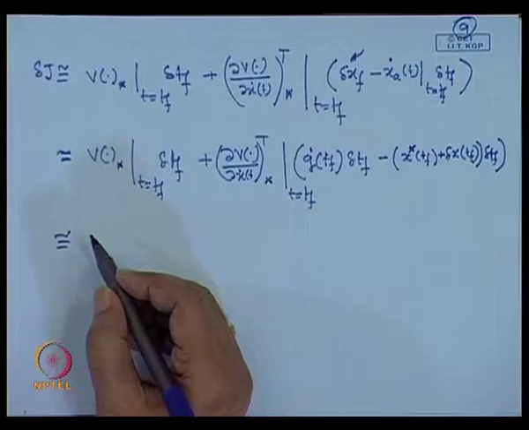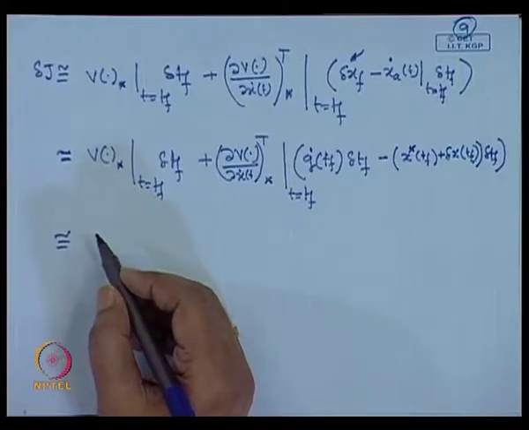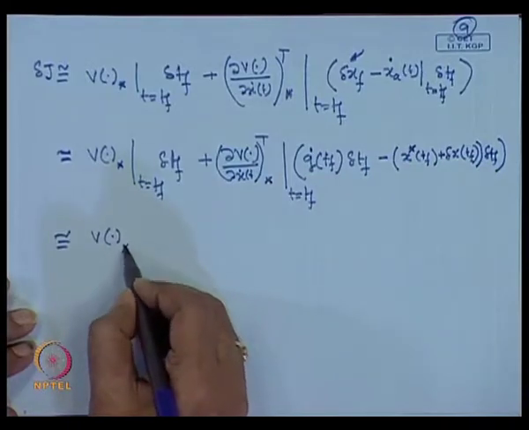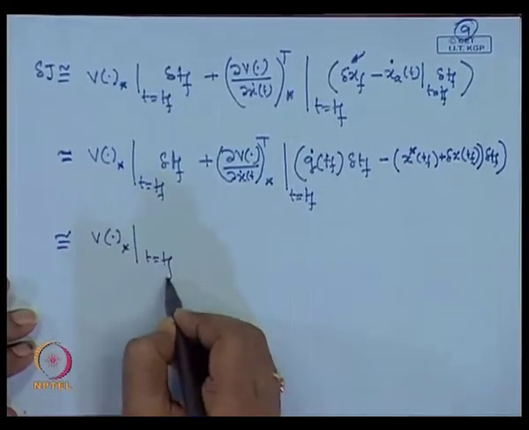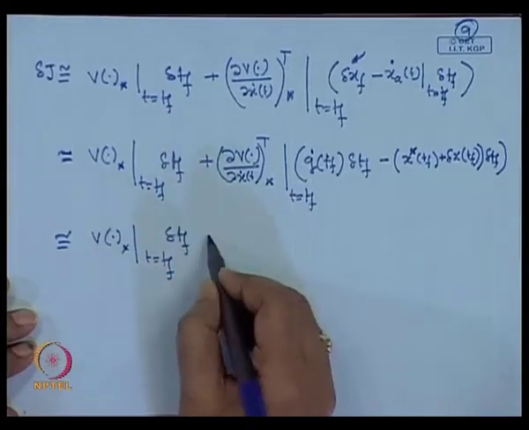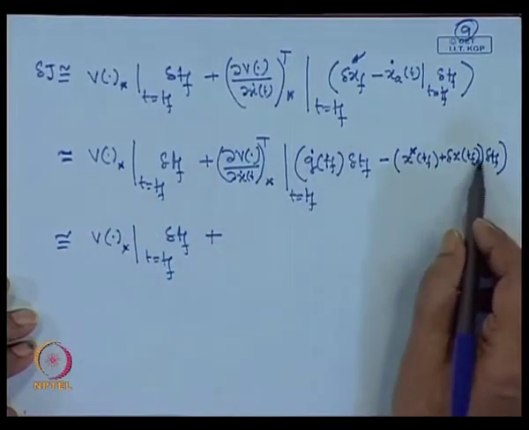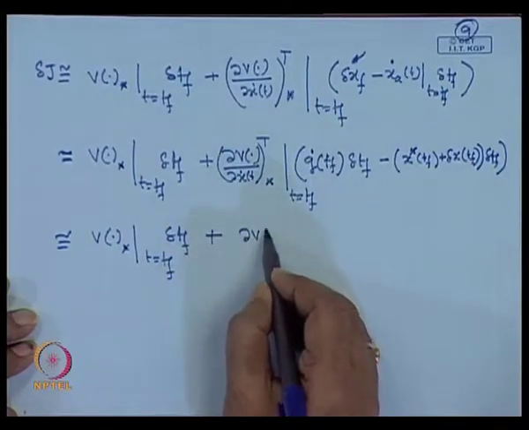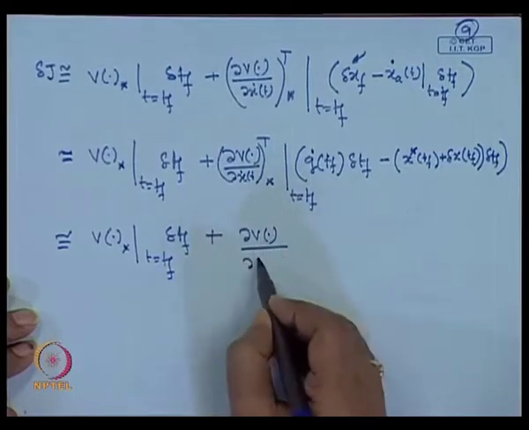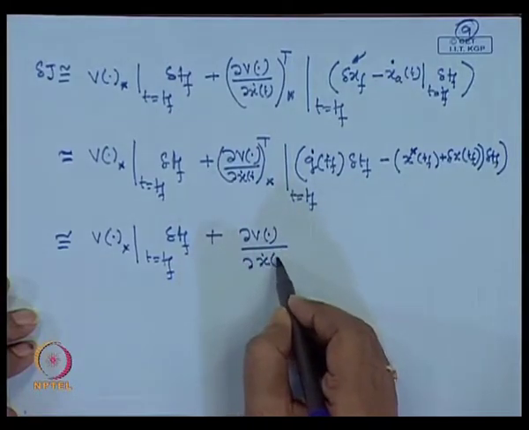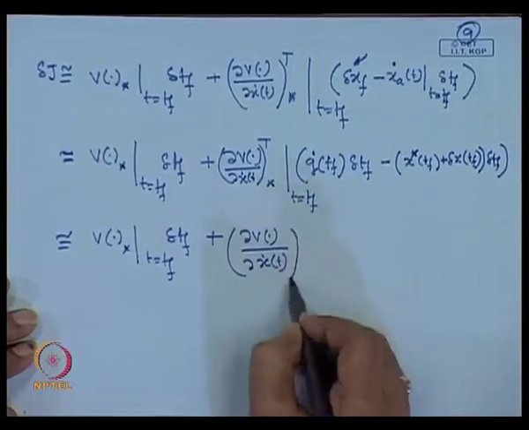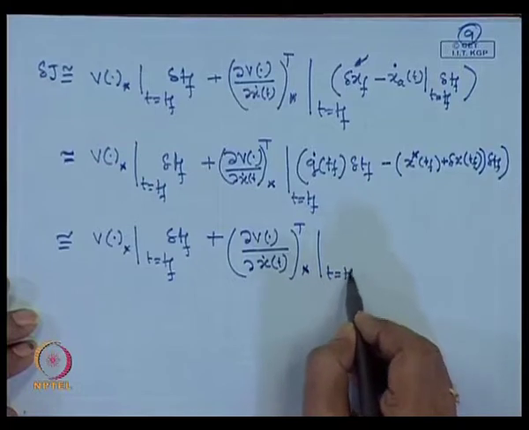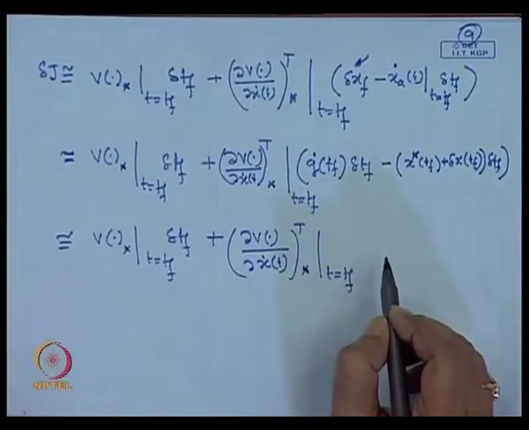So, I can write it now, if you see, V dot of star at t is equal to T f, delta T f plus this term is omitted. So, it will be del V dot, the gradient of V with respect to x dot, whole star, then at t is equal to T f, agree.